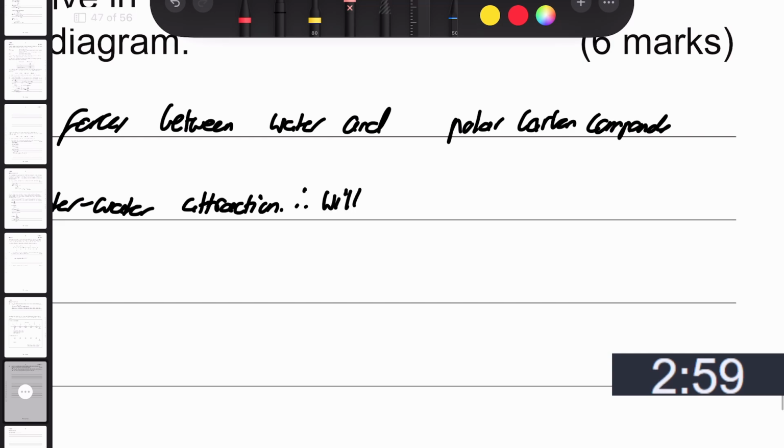Therefore, it will readily dissolve in water.